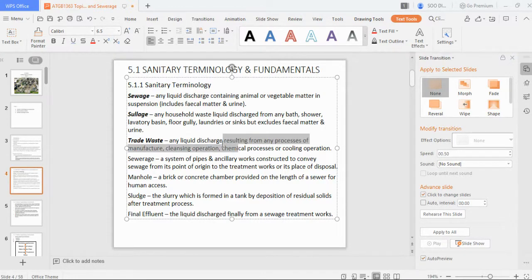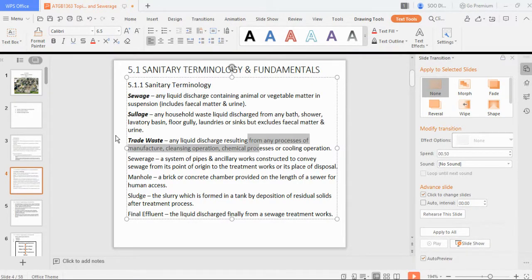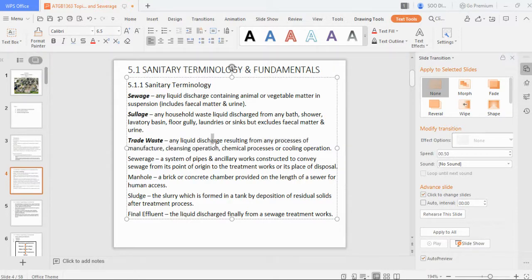So when we go towards commercial purpose, where we are generating waste in a very, very large amount, this is called trade waste. For commercial purpose, we cannot just directly discharge the dirty water into the drainage or the river. If you discharge it into the drainage, usually this drainage will lead to the river.